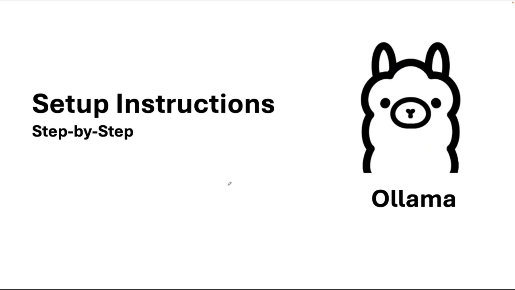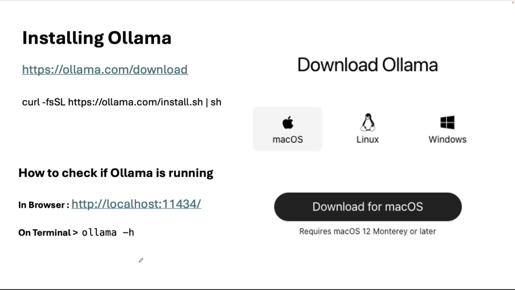Okay, now let's do a setup on your laptop. So we will go step by step. So number one is the installation. There are two ways to install. One is you go to ollama.com/download. When you go to this website, you will find this particular page. And then there are three options. One is the Mac OS, Linux, and Windows.